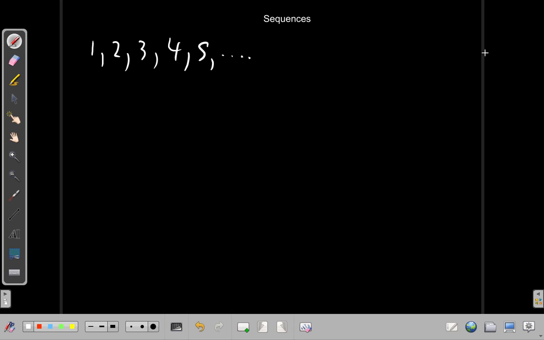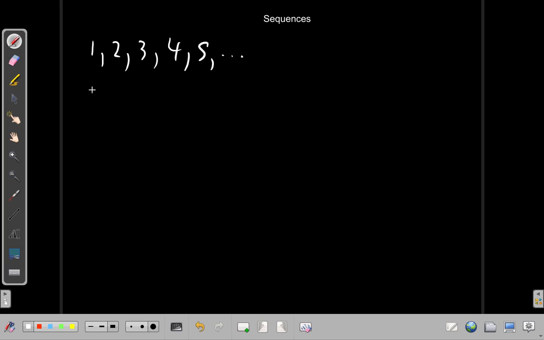It's infinite because I didn't end anywhere. If I ended it at, say, 100, that would be a finite sequence. It stops somewhere. But if I allow the dots just to go on and on, this is an infinite sequence because the dots go on and on and on.